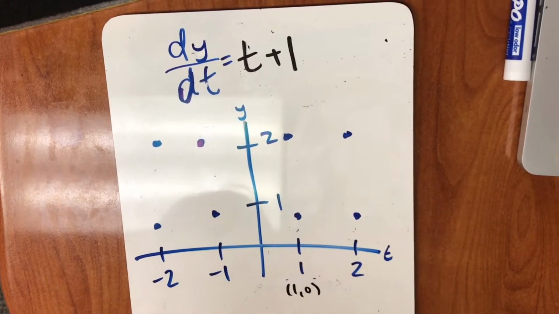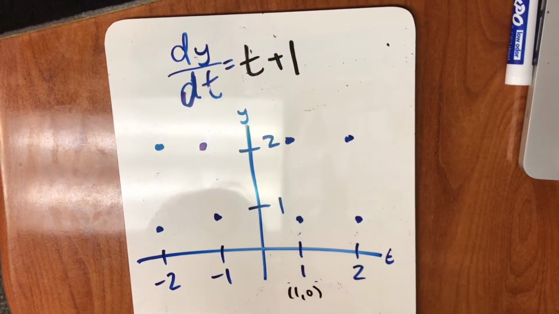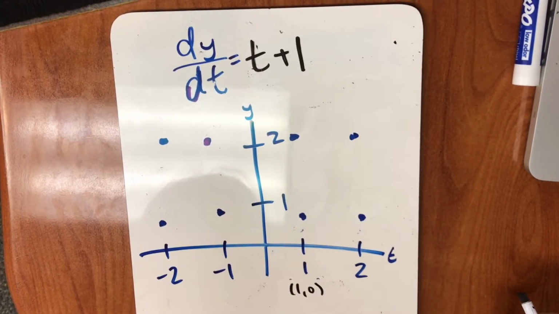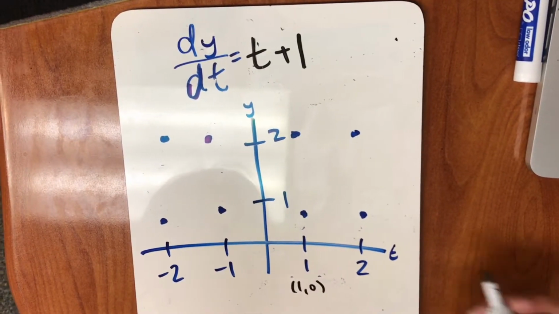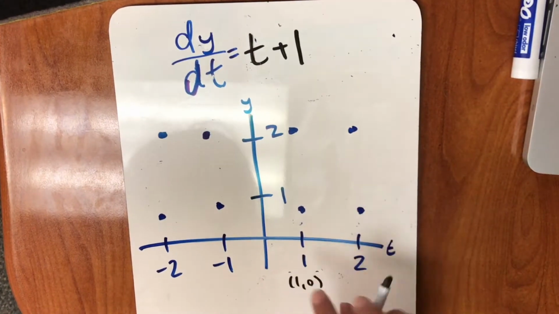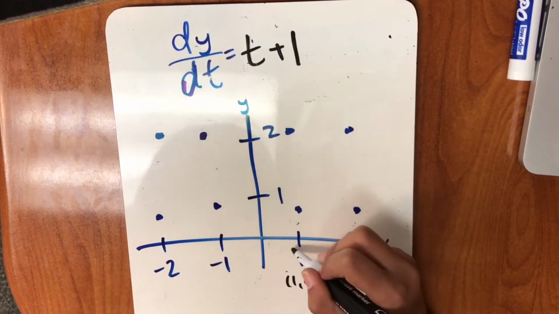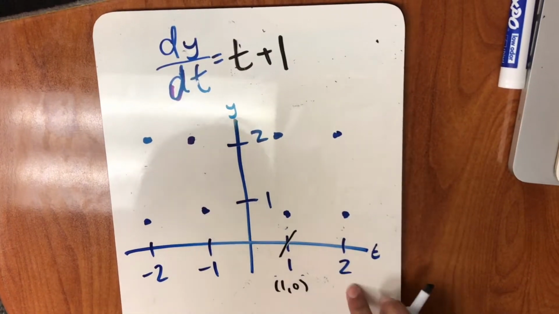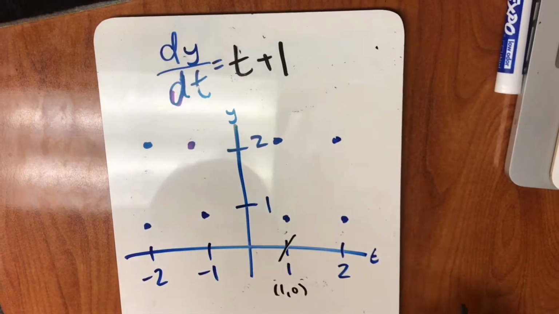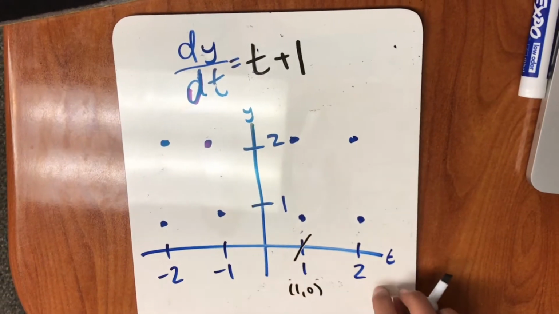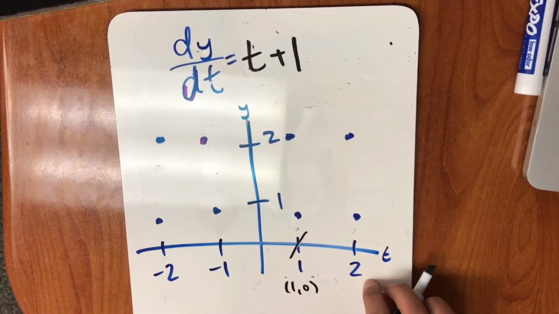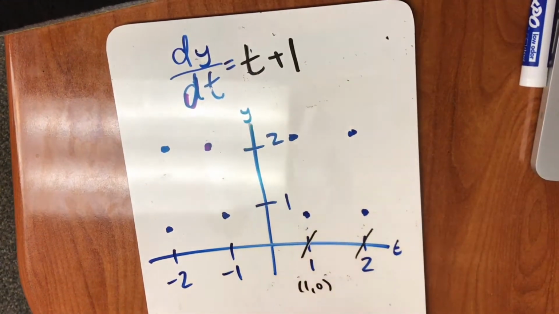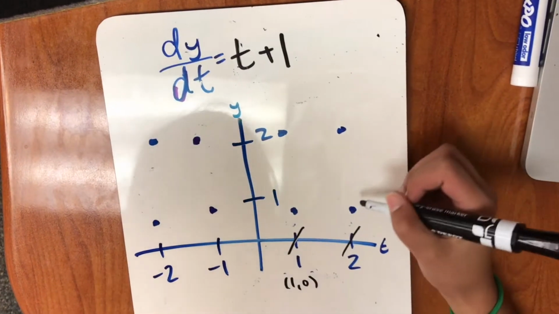Mm-hmm. So if you plug in 1 for t, it would be 1 plus 1, which makes dy/dt 2. So at the point (1, 0), the slope would be 2. Yep, that's how you do it. And for the point (2, 0), we just plug in 2 for t, so we get 3. Okay. Let's see if I can do this on my own.